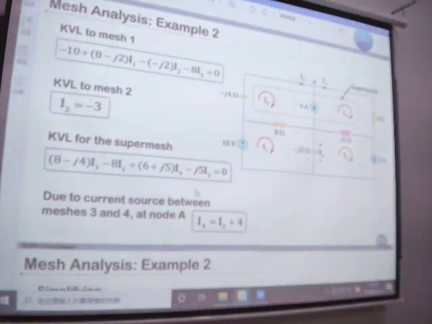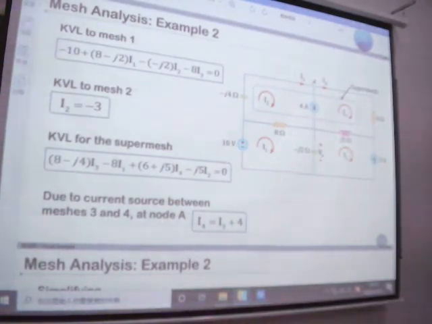We get this equation. But actually, this equation is not written in the way I was talking about. For me, I just use the actual current going through the element times the resistance. The actual current going through 8 is I3 minus I1, and for the 5j, the actual current going through it is I4 minus I2.